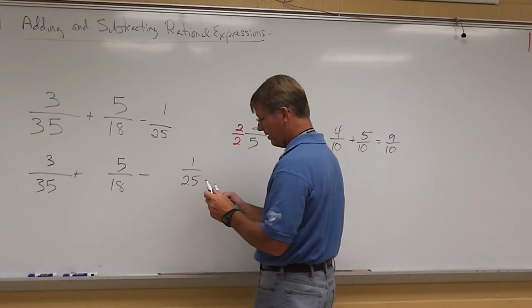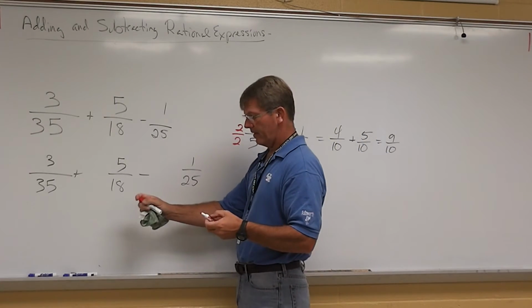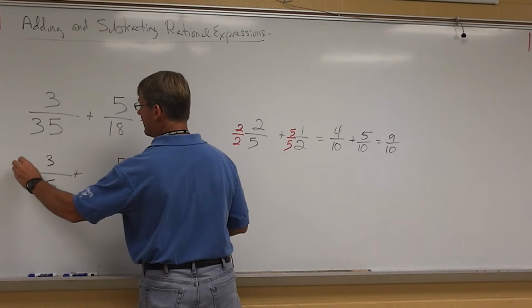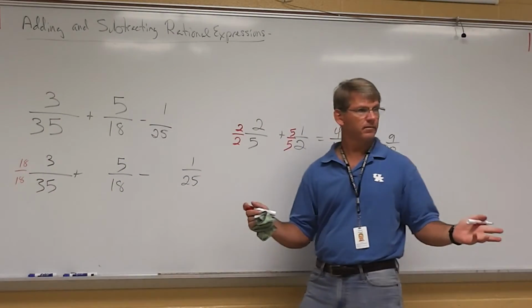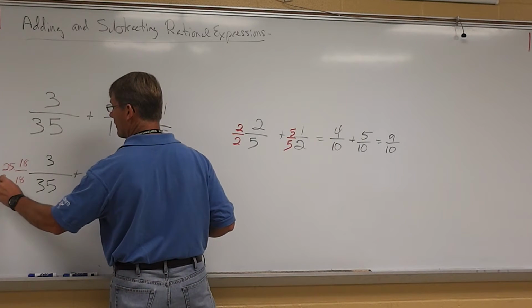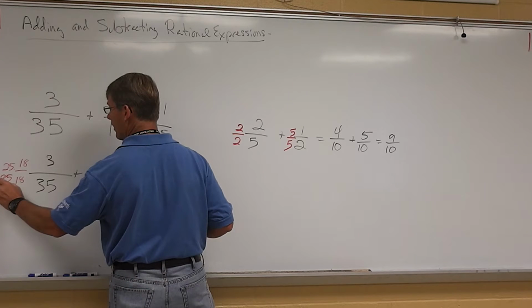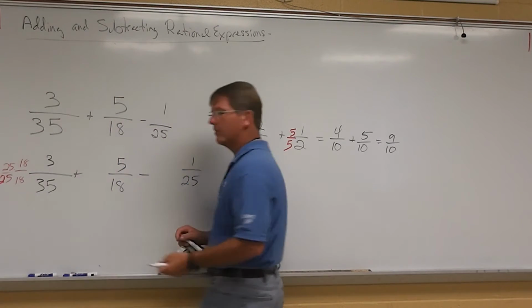I could, if I so choose, take this 18, multiply it top and bottom. That's just multiplying by 1, right? That's legal. I can take that 25 and I can multiply it top and bottom. And that's legal.